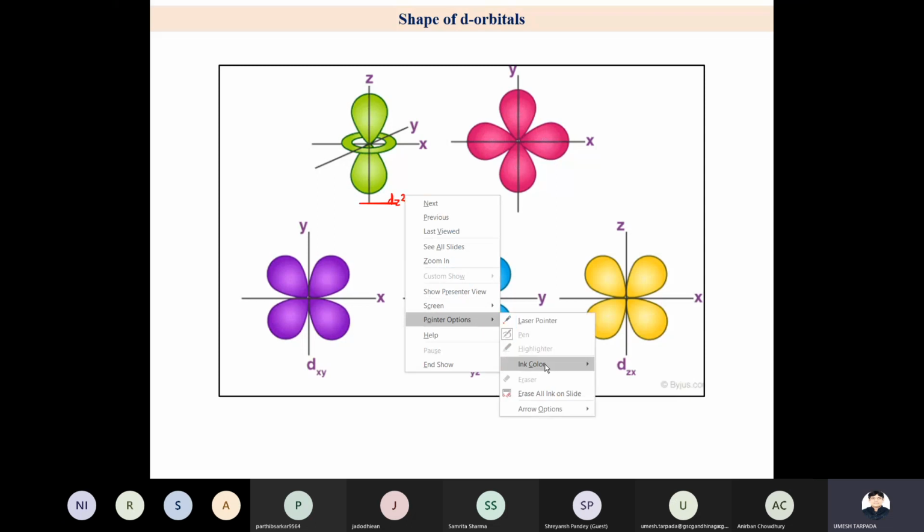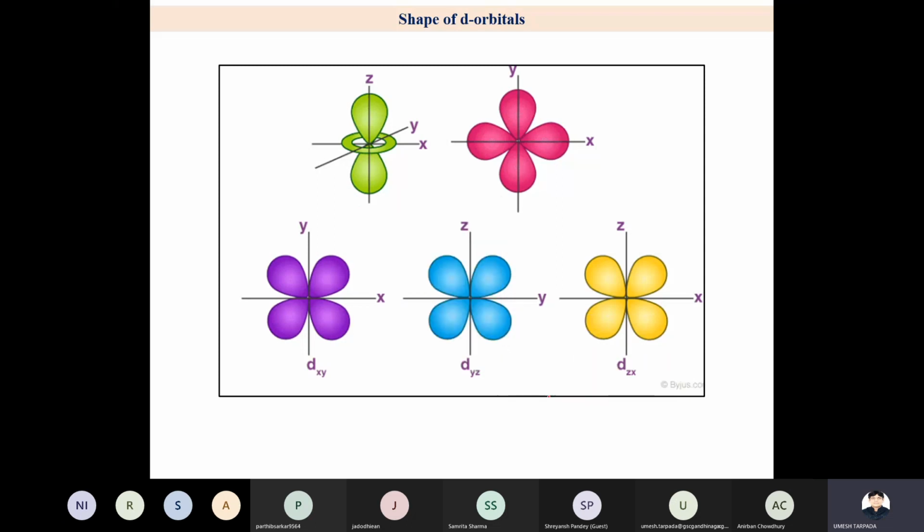Then another one is dx square minus y square, whose lobes are also along the axes. See, this is dx square minus y square.